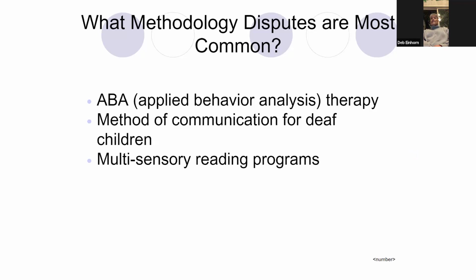And that's very costly for parents. So if you can intervene early, as a parent or an advocate, by asking for an independent educational evaluation, a lot of times that can provide the support that you need in a methodology dispute.